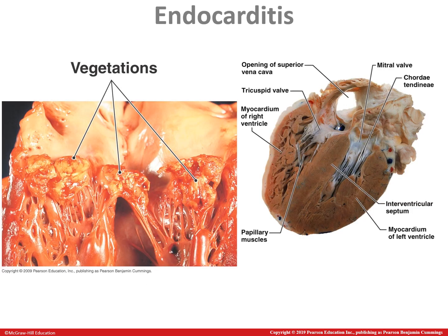So these vegetations are essentially, they start with a biofilm where the bacteria is attached to the underside or the backside of these valves, and the bicuspid or the left atrioventricular valve is usually the primary target for these bacteria. And a vegetation is basically what happens when the immune system comes in and is trying to destroy the bacteria, but really can't destroy it, so it just walls it off.